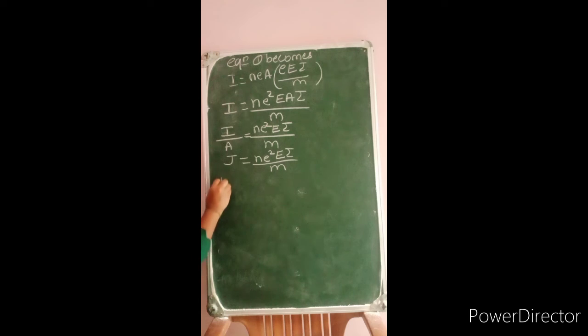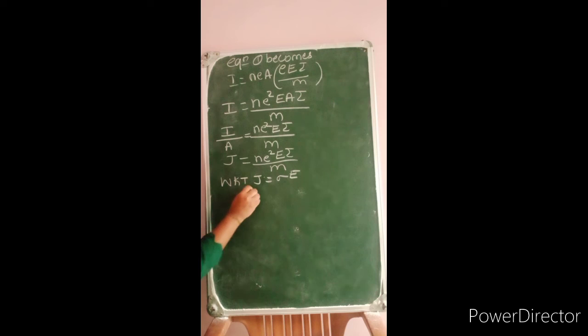Also we know that J is equal to sigma into E. We have previously derived this relation. Now substitute J is equal to sigma E here.